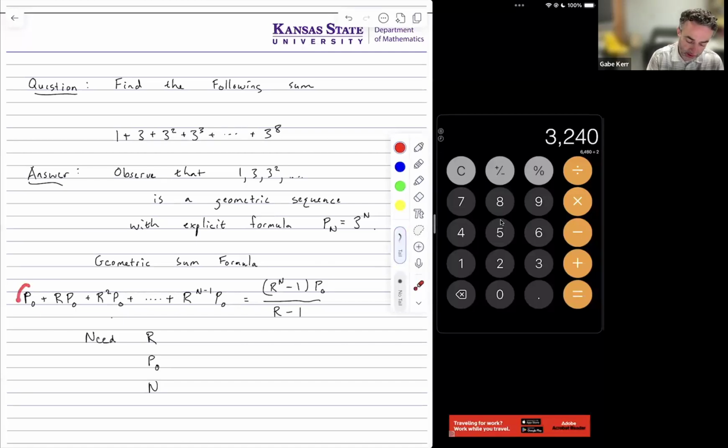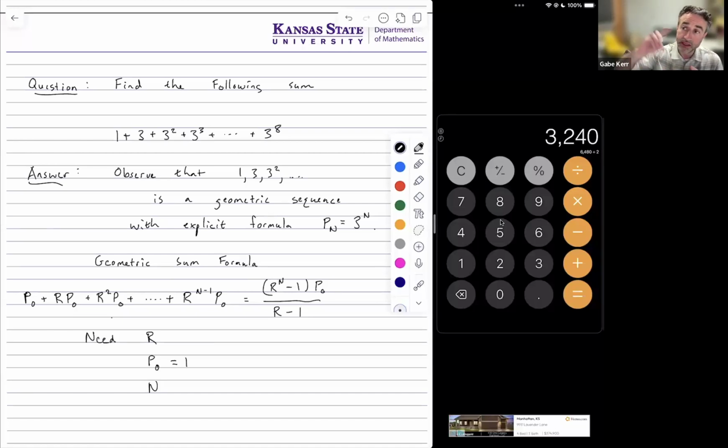So you can see that P naught is 1. And that also follows from looking at this formula: when we look at n equaling 0, this is 3 to the 0, that's 1. So P naught, we're good. We can say that's 1.